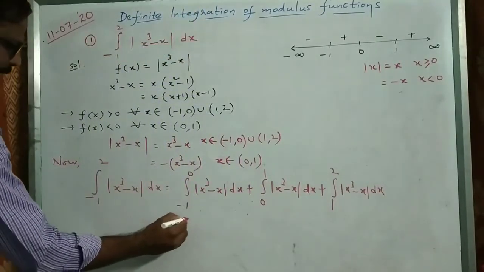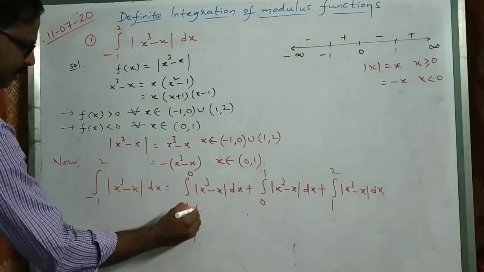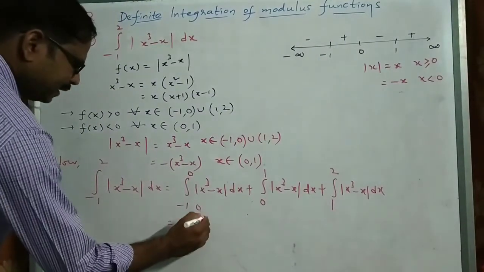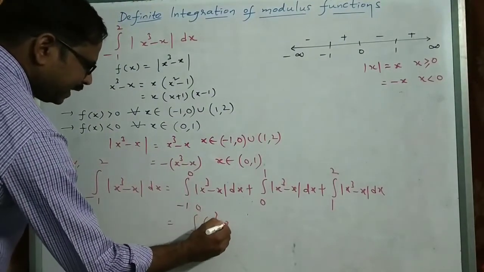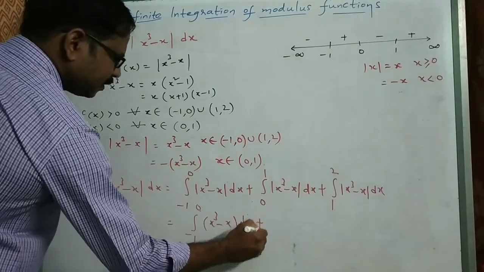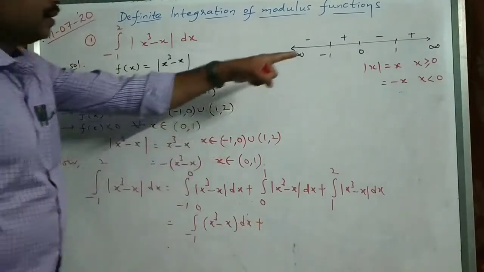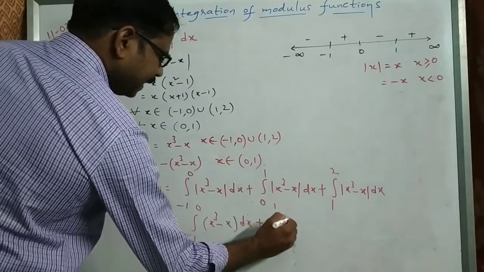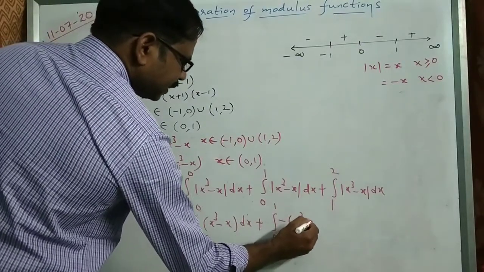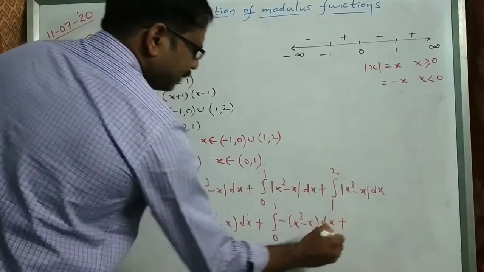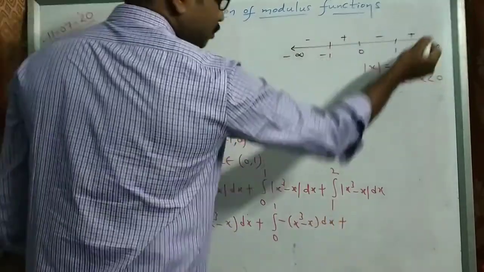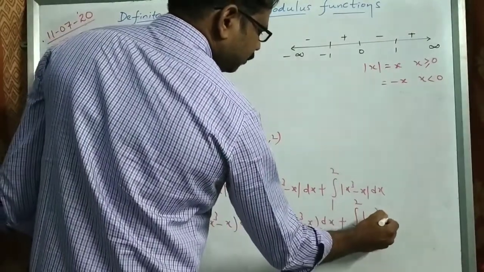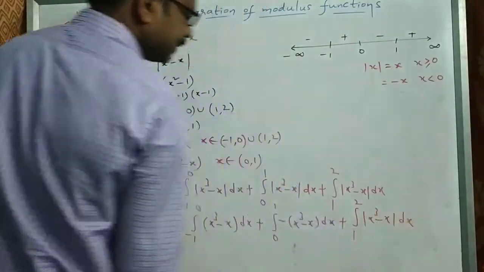Now where do we have positive here? Minus 1 to 0 is positive, so we write x cube minus x dx, plus 0 to 1 negative, so we write minus of x cube minus x dx, plus 1 to 2 is positive, so x cube minus x dx.